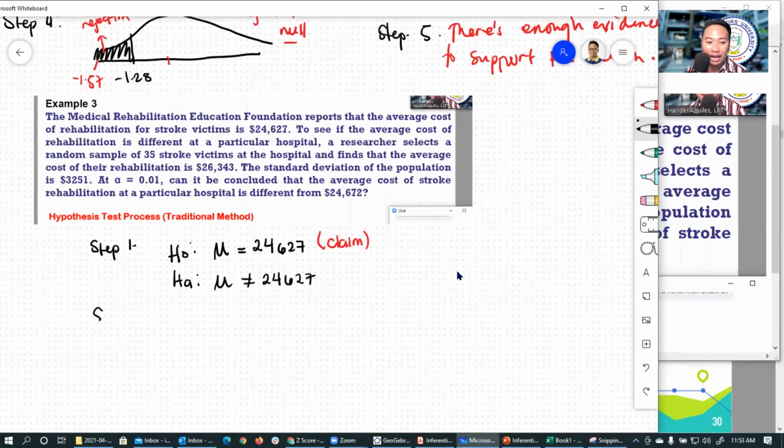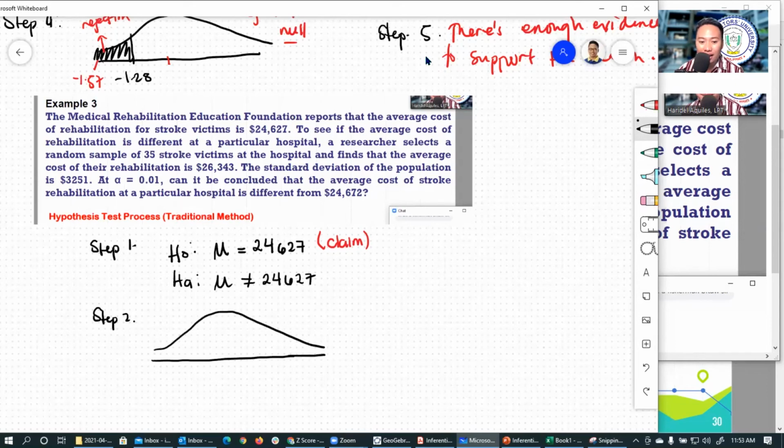The twist is that if you notice, the alternative hypothesis uses the not equal to. Okay? You can automatically tell that the area of both tails of the curve is 0.01. You have to divide it by 2 because it's two-tailed.